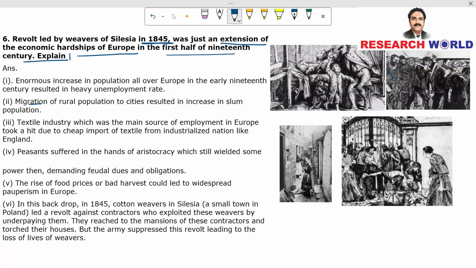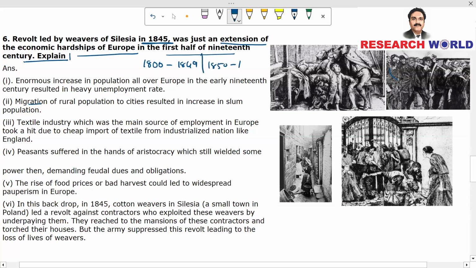So first half of 19th century means 1800 to 1849 would be the first half, 1850 to 1899 would be the second half of 19th century. Okay, fine. So there was a revolt led by weavers, the working class in Silesia.